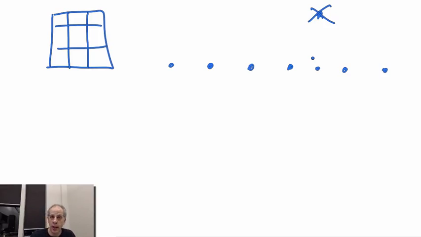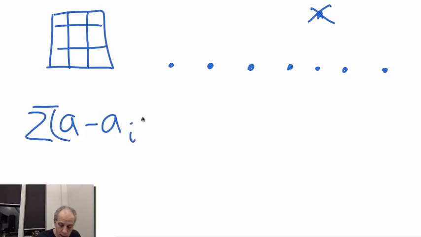Before I show you additional examples of the median filter in real time, we're going to actually run MATLAB to do that. Let me just give you one very interesting property of the median filter. We saw a couple of videos ago that the average filter is minimizing the sum of (A minus Ai) squared. We say the average is the value of A that minimizes this, and I'm summing over all the pixels.